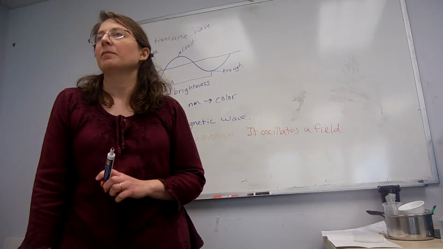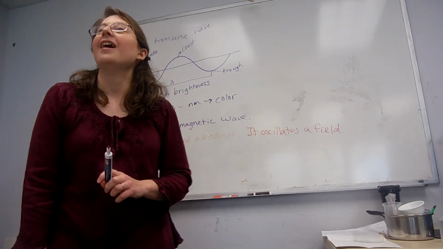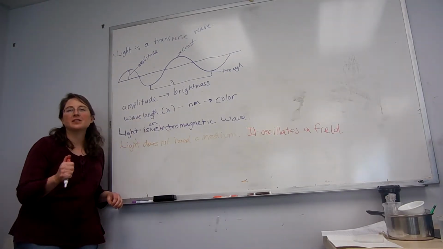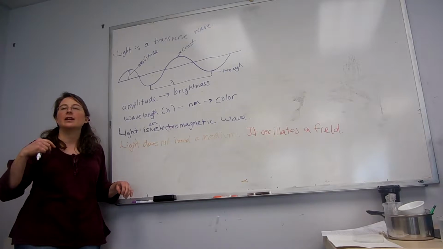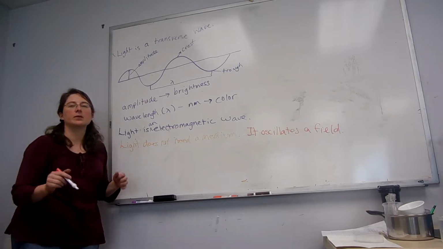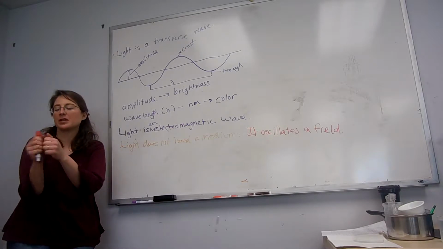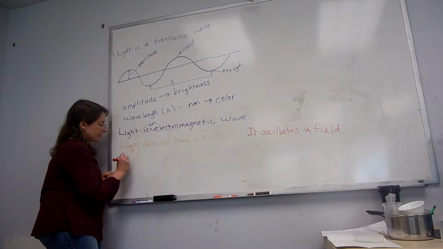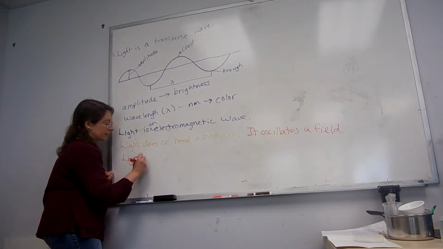Light travels slower in solids. Okay. So sound speeds up in denser media, right? Sound speeds up in a liquid versus a gas, even faster in a solid versus a gas, because it takes time to transmit that wave. Light actually slows down. So light is fastest in the vacuum of space.